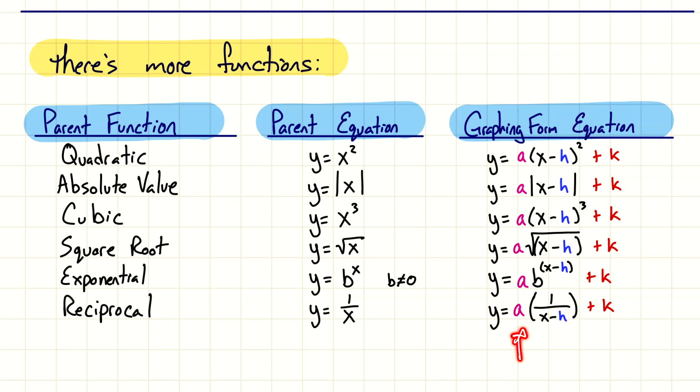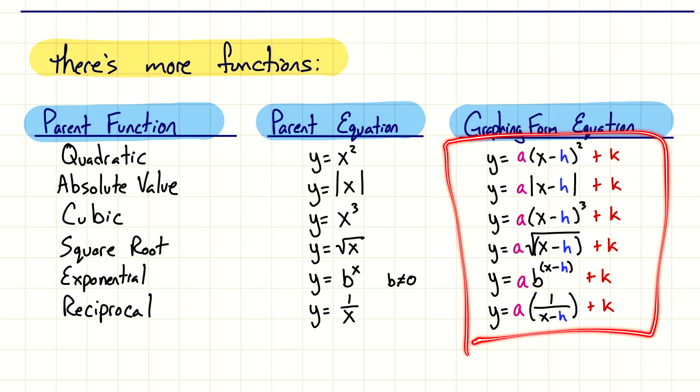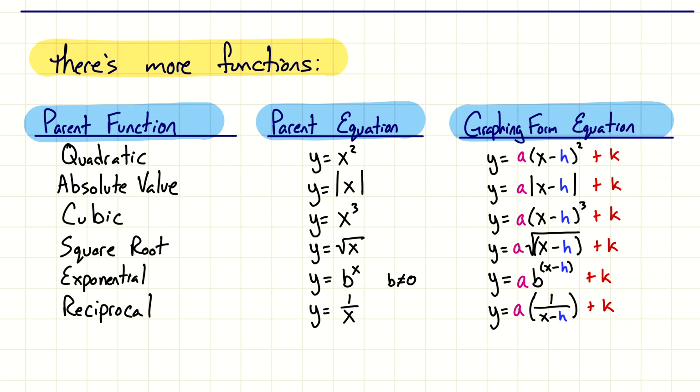Stretch factor doesn't change, orientation doesn't change. The h value is still going to shift left and right, and the k value is still going to shift up and down. If you know how to do that and you have these general formulas memorized or written down near you, then all these should be fairly easy.